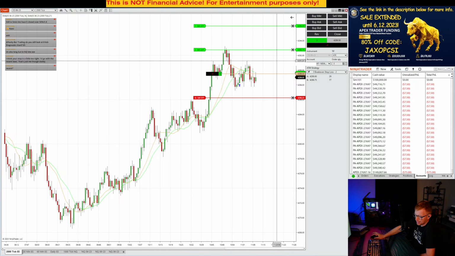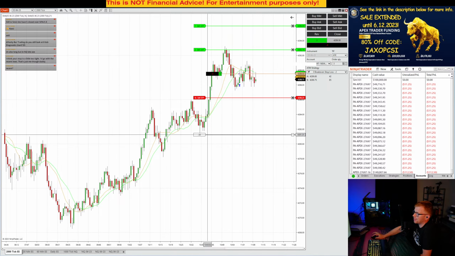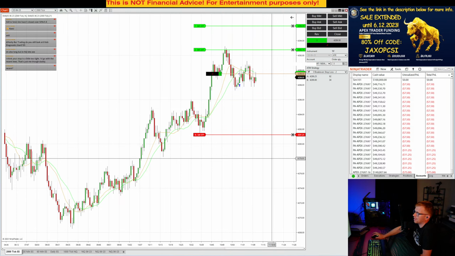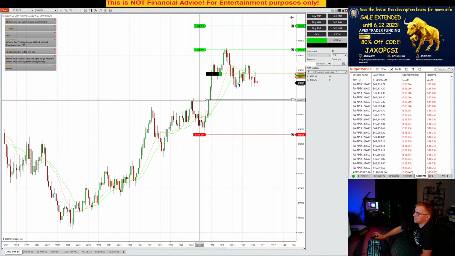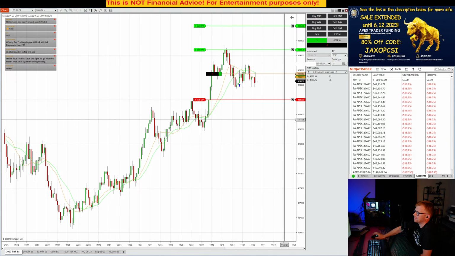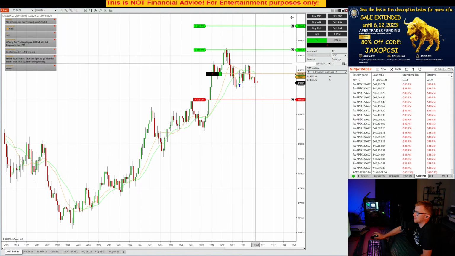Stop is a little too tight. The recent low, but where would you say the recent lows are? Are you saying like right here? I'm not liking this.